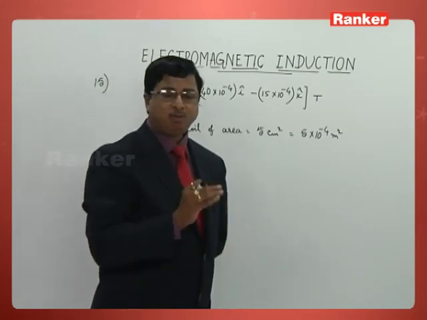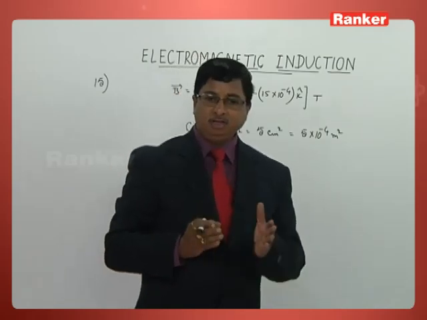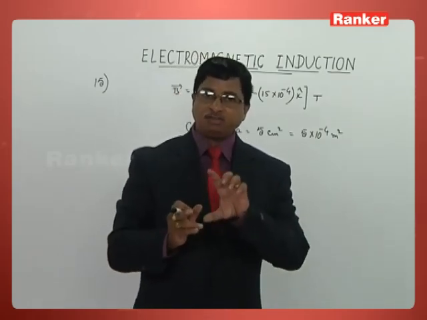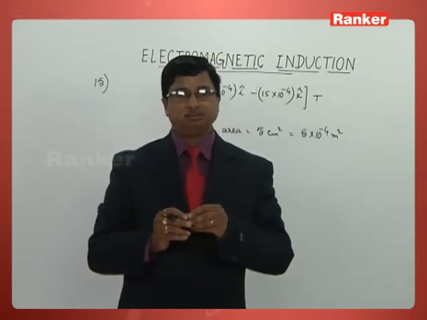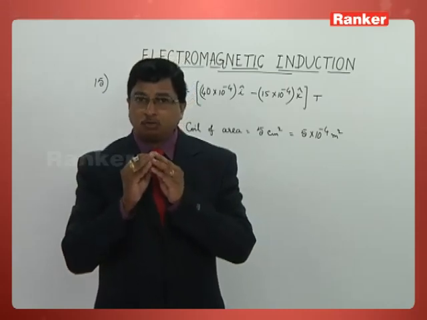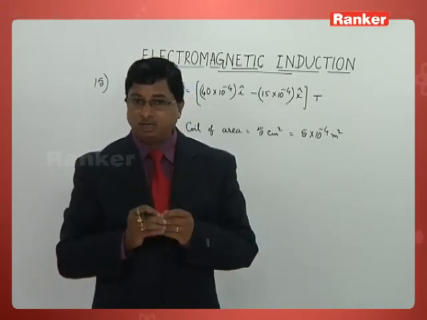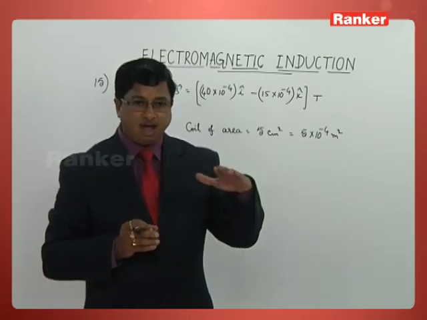Now observe the last sentence carefully. The magnetic flux passes through a loop of area 5 into 10 power minus 4 meter square, or 5 centimeter square, which is placed flat on xy plane.